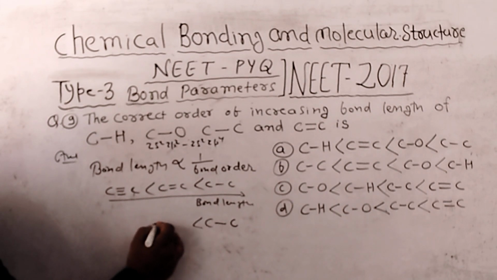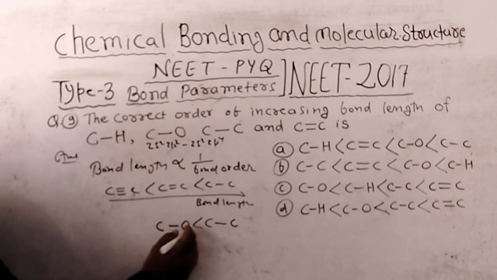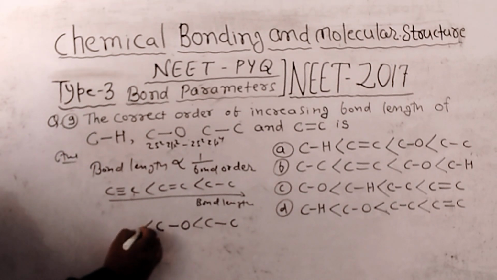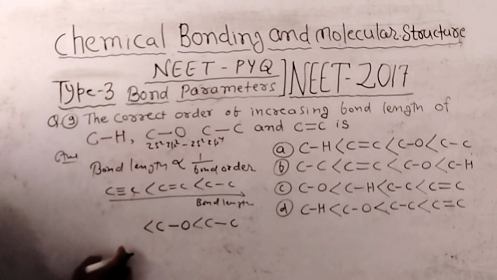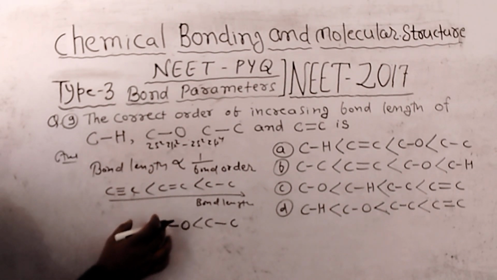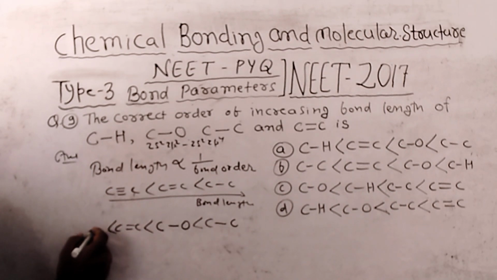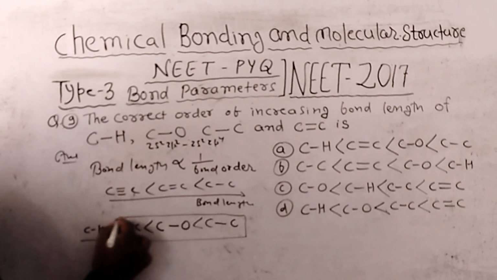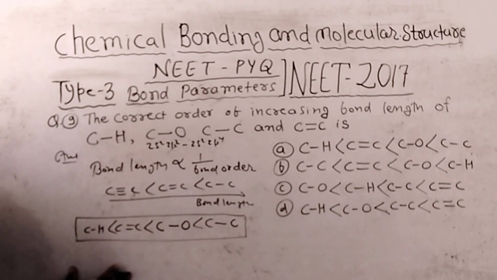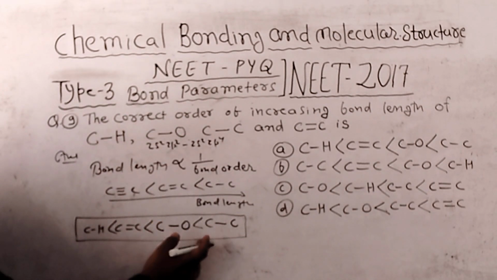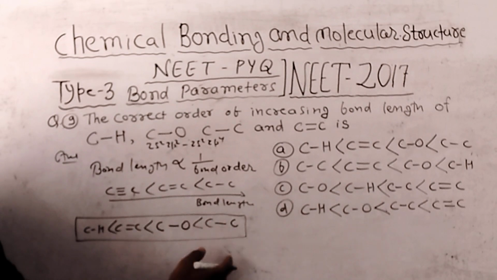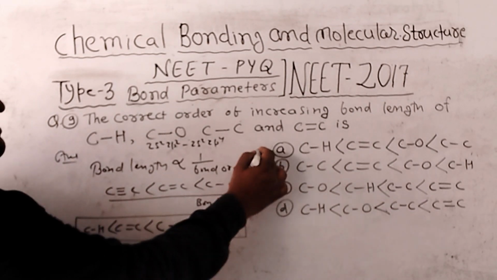Then next third is C double bond C and last is again C single bond H. This is the correct arrangement of increasing order of bond length in these components. So according to the given data, we can find answer A is correct.